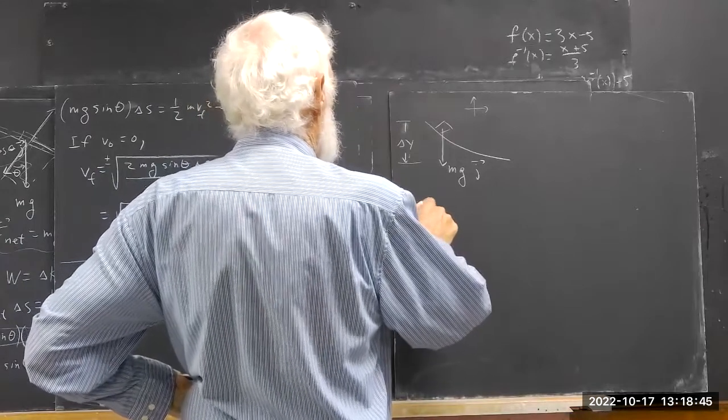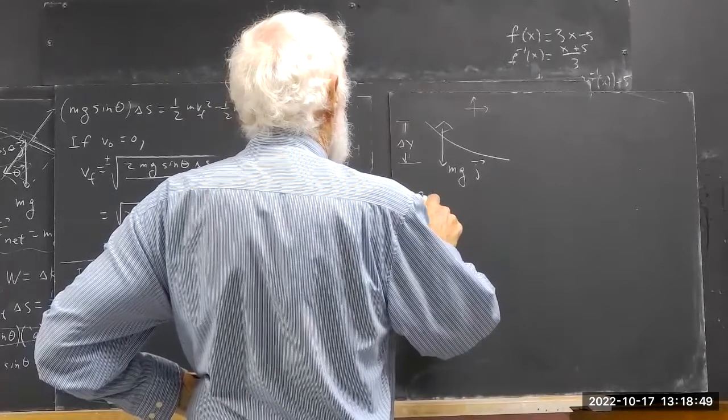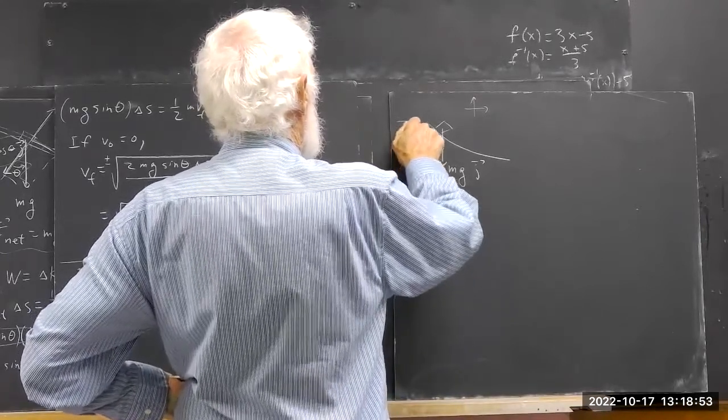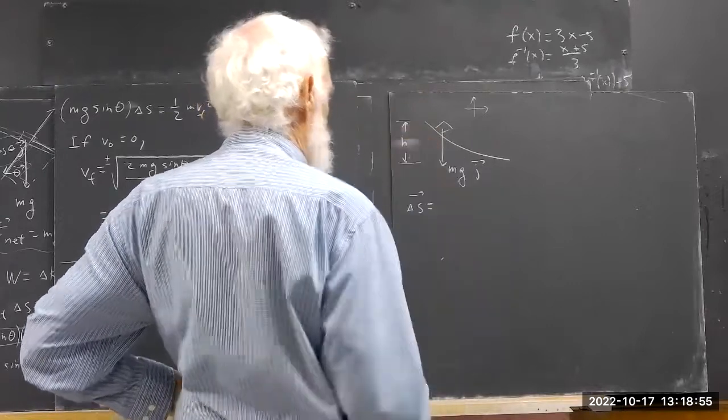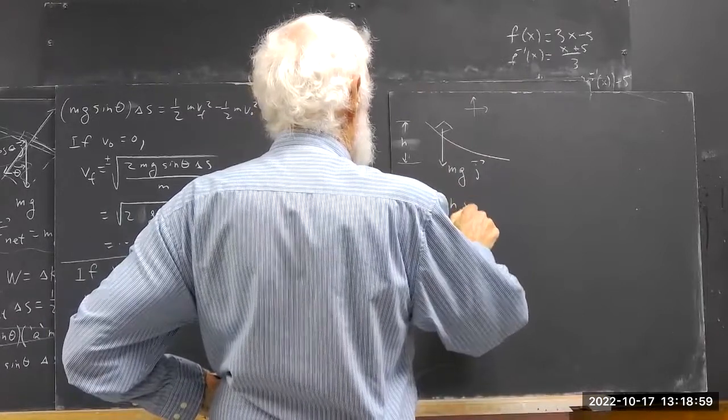Well, your delta S, and instead of delta Y, I'm just going to call this H. And H is not going to have the direction of delta S. It's going to be negative H times J.